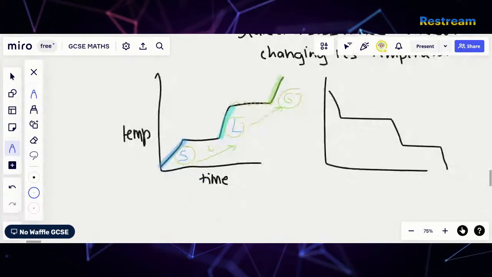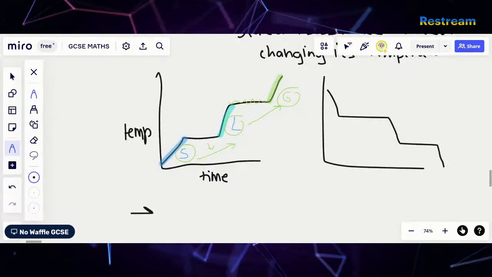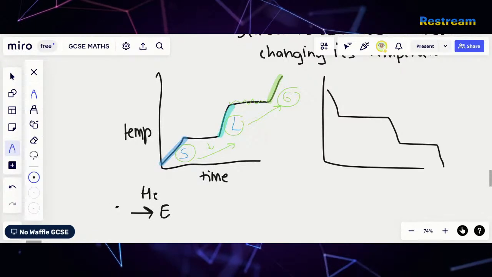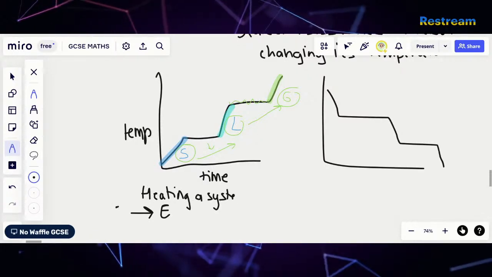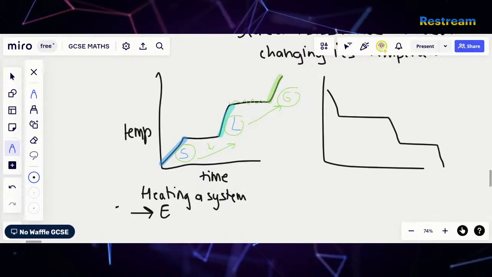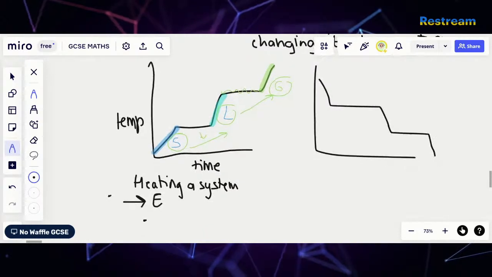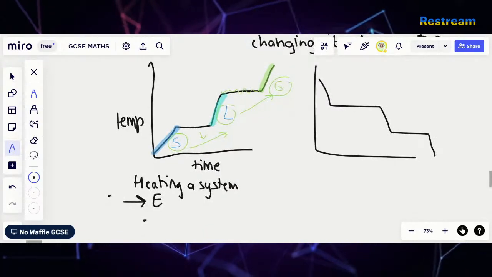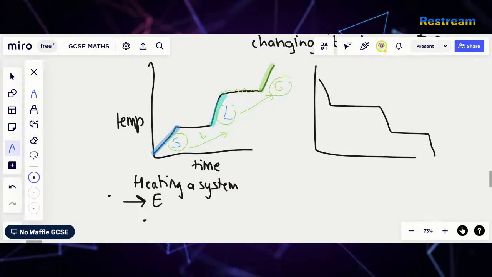So when we are inputting energy and heating a system, what happens is that we are inputting energy, but when it starts to change state, this means that you're putting energy into increasing the internal energy.